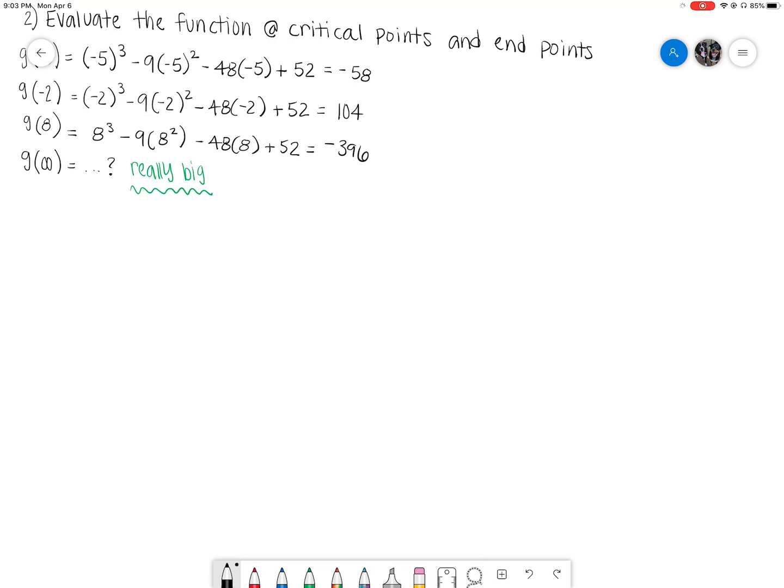But do we have a global min? Yeah, negative 396. So a global min of negative 396 at x equal to 8 and no global maximum.